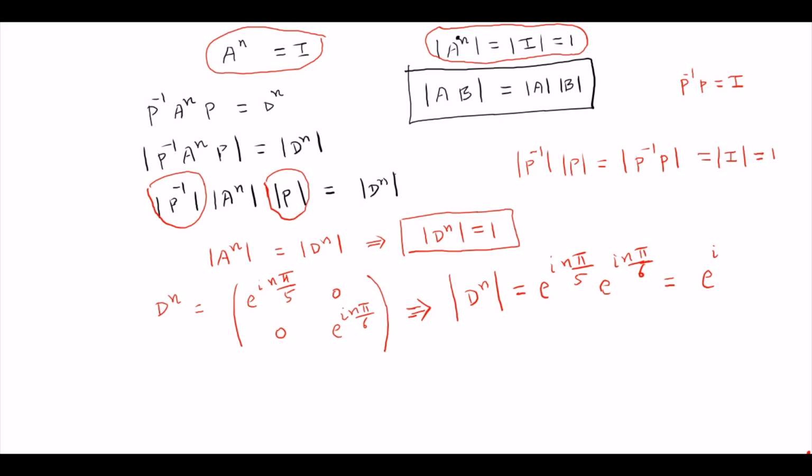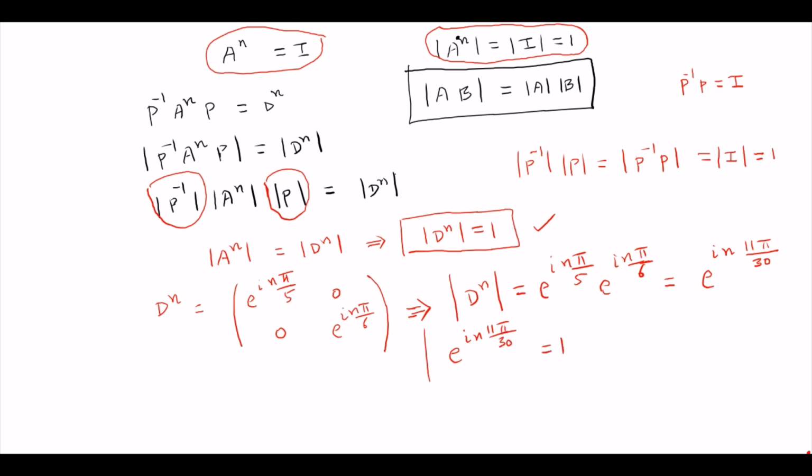After adding, simplification gives n 11 pi by 30. So I'm going to substitute this in here. So this becomes e^(i n 11 pi/30), which is equal to 1.